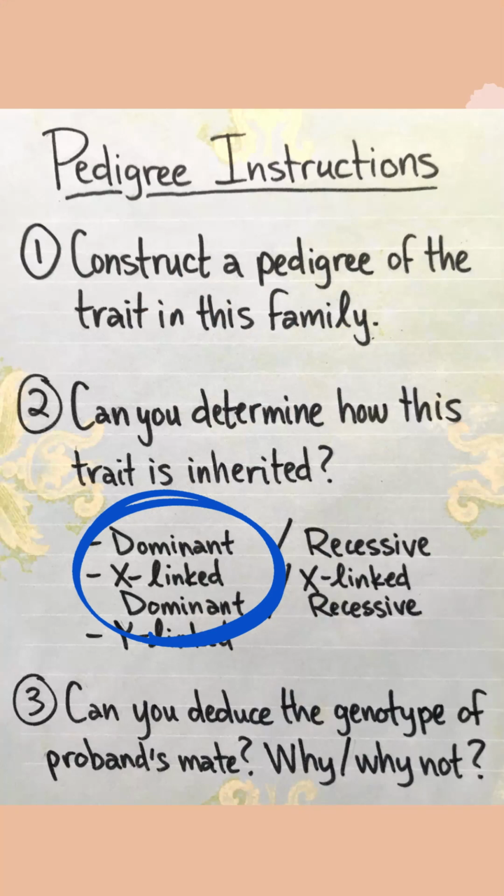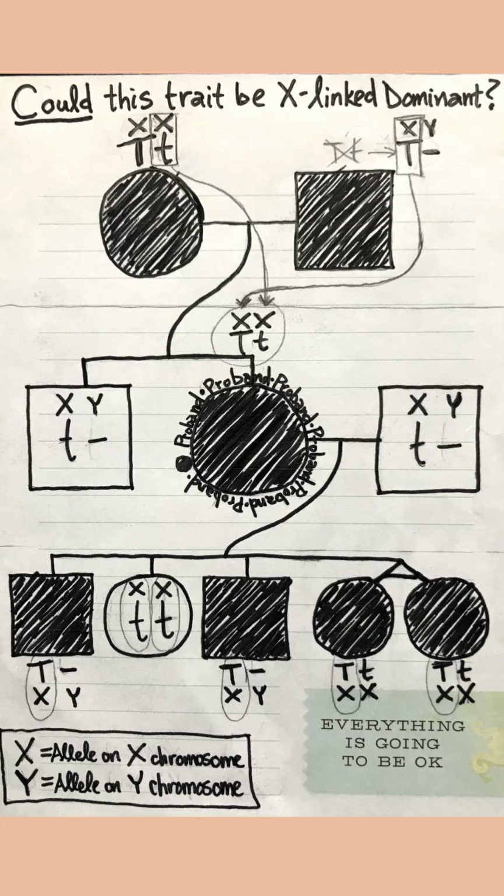Now, further, the question is: is this an autosomal dominant trait or an X-linked dominant trait? So let's look at this. Could this be an X-linked dominant trait? I've redone this pedigree to explore the changes that would need to be considered if this is X-linked dominant. All of the XY people in this pedigree would need to be changed to show that this is a hemizygous trait.